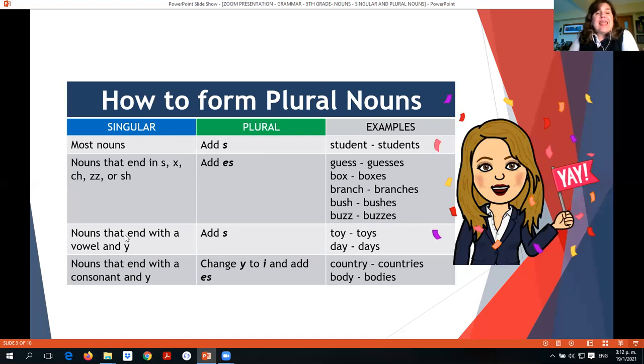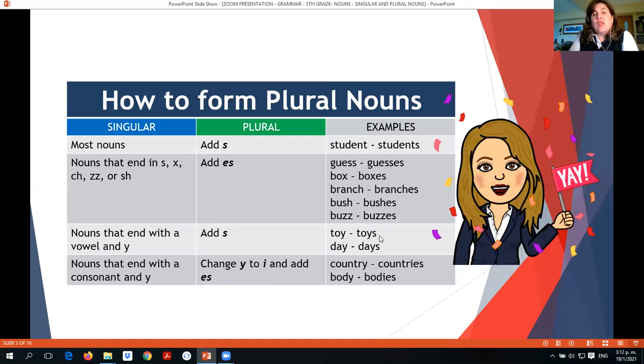For nouns that end with a vowel and Y, you only add an S. But if you have nouns that end with a consonant and Y, you take out the Y and replace it with an I and add ES. The example for the first case, nouns that end with a vowel and Y, you only add an S, like toy.